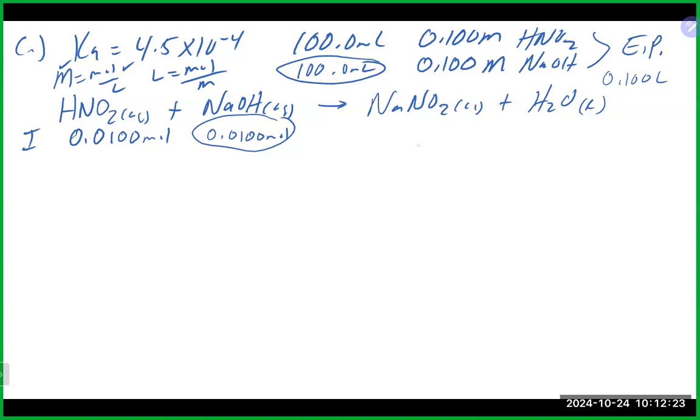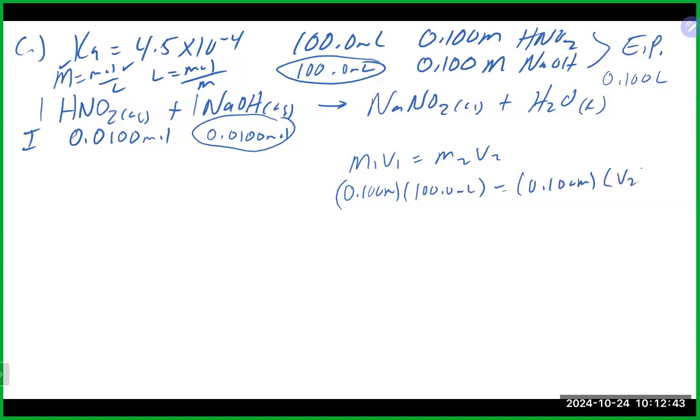You also could have done a little M1V1 equals M2V2 action, as this is a 1-to-1 relationship, and you could have done 0.1 molar times 100 milliliters equals 0.1 molar and my V2.